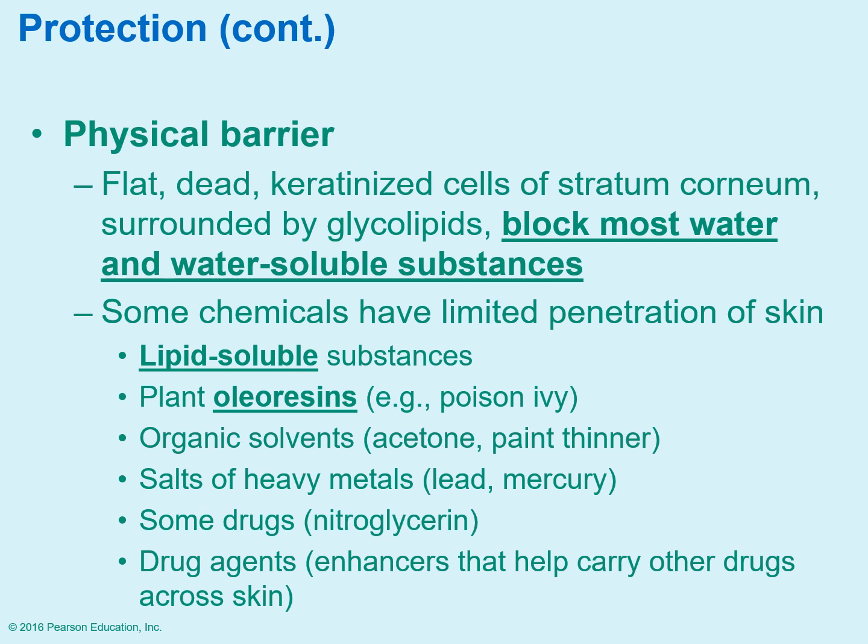Sometimes lipid or fat-soluble substances. Some plant substances, such as poison ivy, can penetrate a little bit. Some organic solvents like acetone, paint thinner. Some drugs can penetrate through the skin, so we're able to put a patch on and it's able to penetrate through. So it depends on what you're talking about. Some things can pass, some cannot.